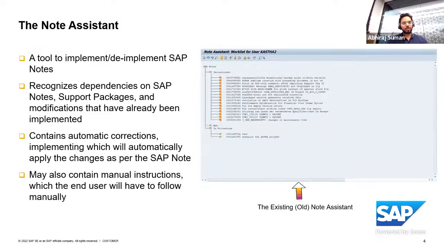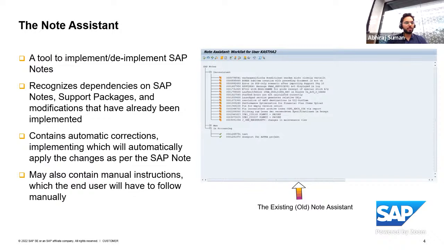So what is a Note Assistant? As we already know, in SAP, the Note Assistant, or we call the standard transaction S-Note, is a tool which is used to implement and de-implement SAP notes. Any note which is released from SAP can be processed using this particular transaction.